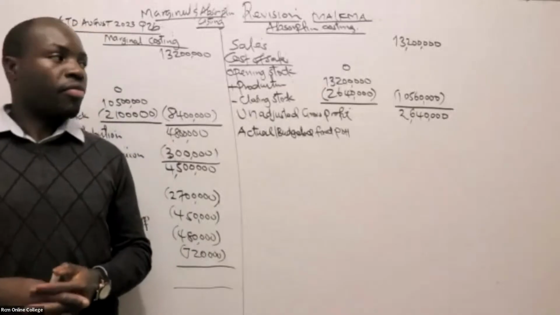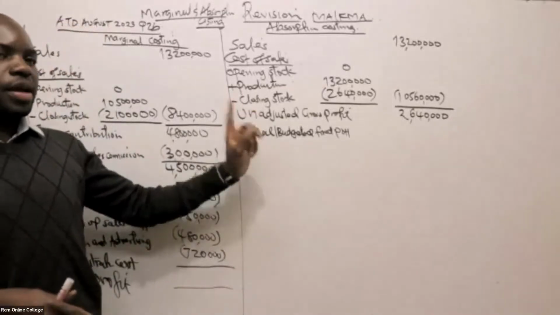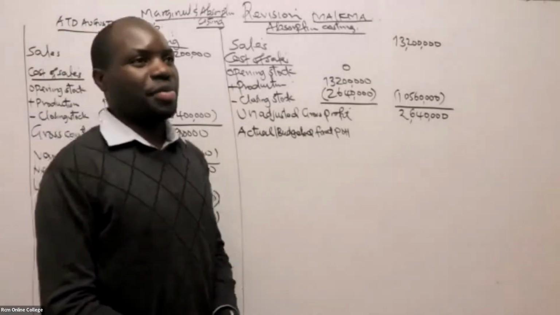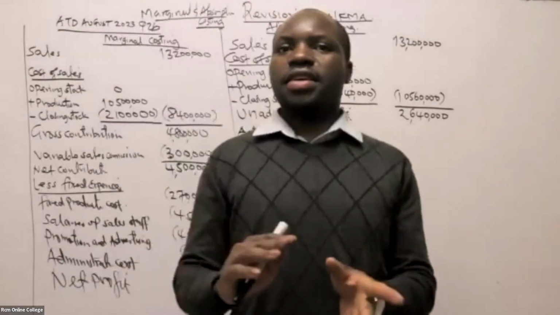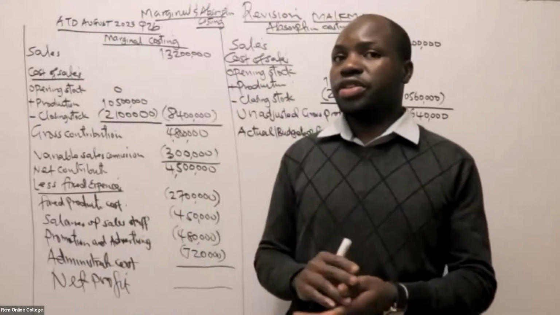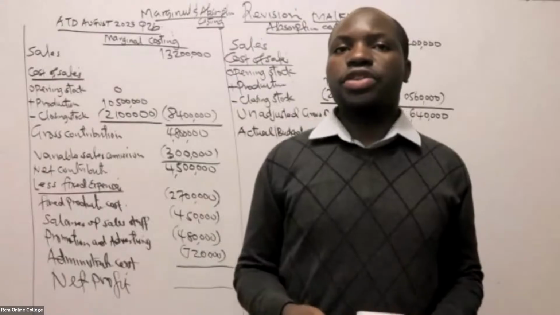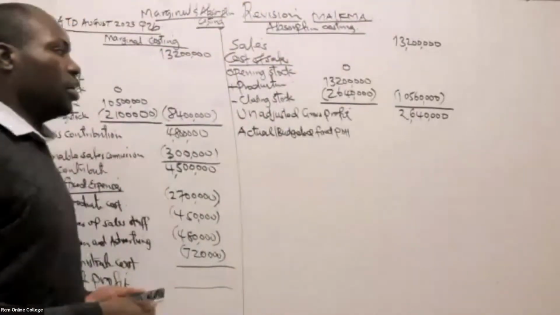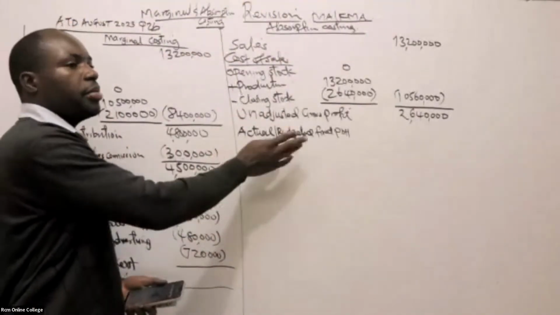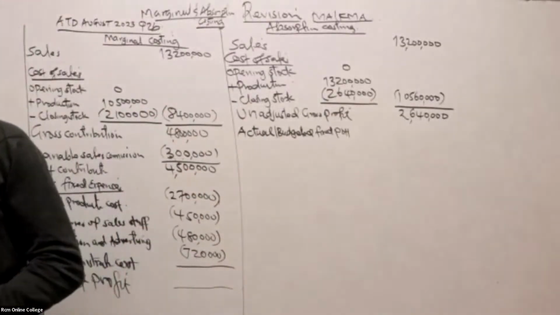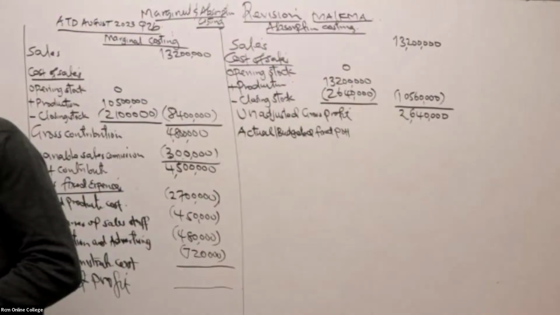I'm repeating that, starting with actual or budgeted, because in some questions, for example in CPA, one of the sittings in 2023 or 2024, we were having what we call actual and budgeted. So students are not able to pick, is it actual or budgeted?